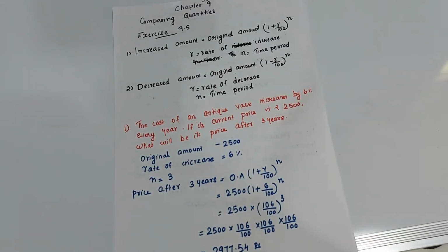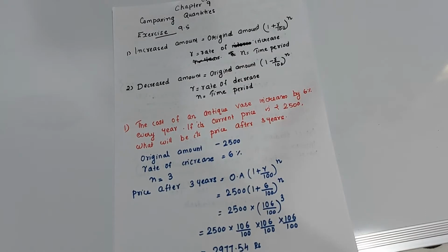Our first question is, the cost of an antique vase increases by 6% every year. If its current price is rupees 2500, what will be its price after 3 years? So here the original amount is given, it is 2500 and the cost is increased by 6%, and we need the price after 3 years.